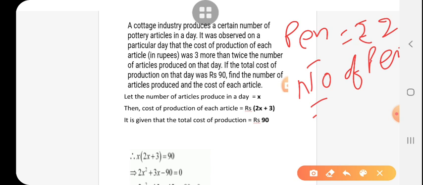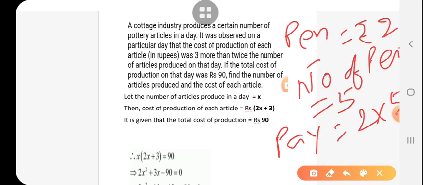Now you purchase 5 pens. Number of pens is 5. So how many rupees do you have to pay? 2 into 5. The cost of one pen is rupees 2 and the number of pens is 5, so the total cost will be multiplication, isn't it?